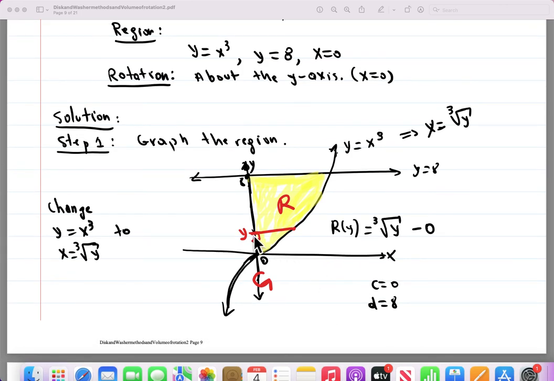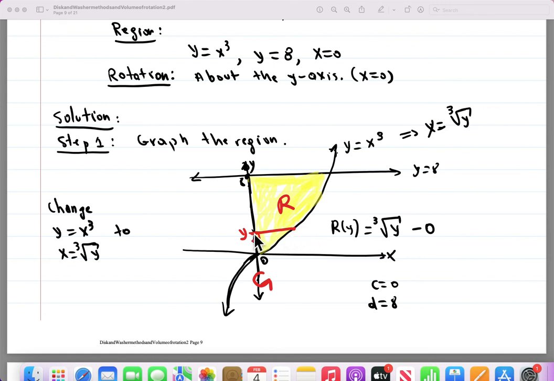So then we go to finding the radius. We're going to start from the right endpoint minus the left endpoint of the cross-sectional line. But this point is on a curve, so we're going to call it x equals cube root of y.